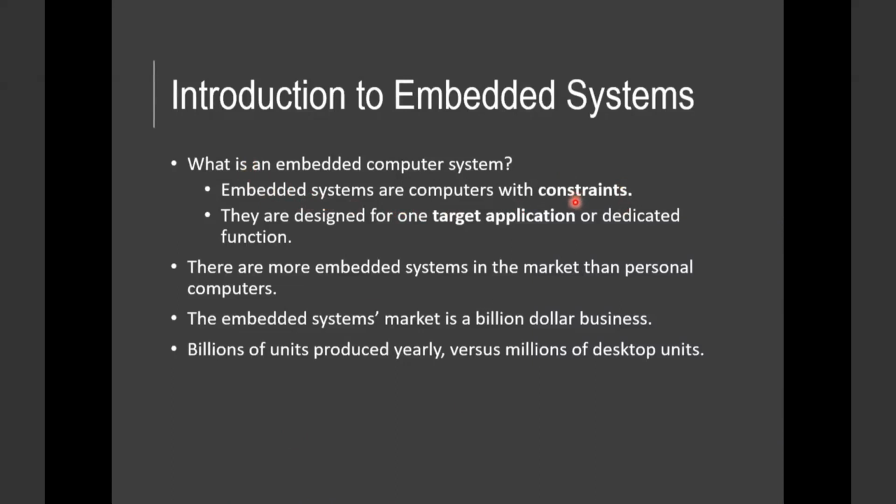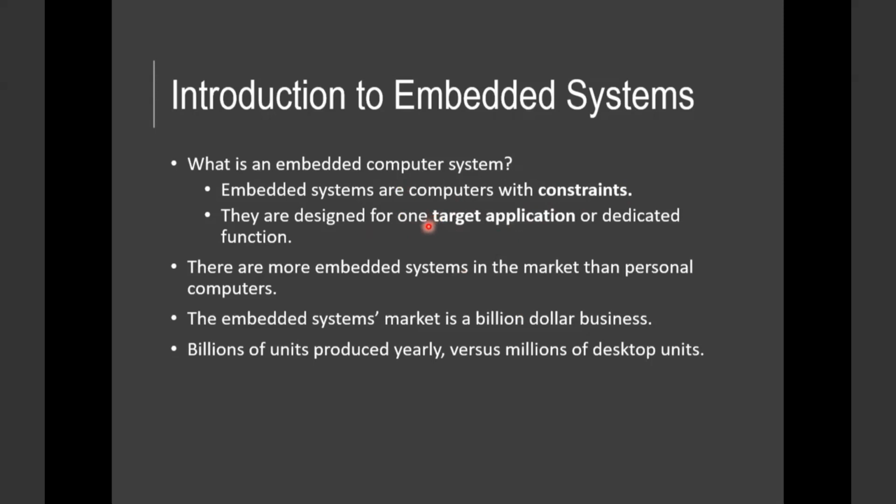An embedded system is designed for one target application or dedicated function. It can have at least one application or several functions, but it is not similar to the general purpose computer, which can have many applications.